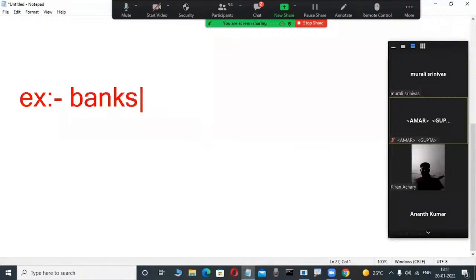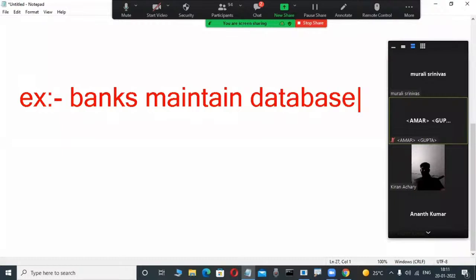Banks maintain databases. What is the purpose? Observe here. Suppose account holders deposit some amount. You are also depositing some amount. Your details, your name, address, phone number, your balance, your account number.